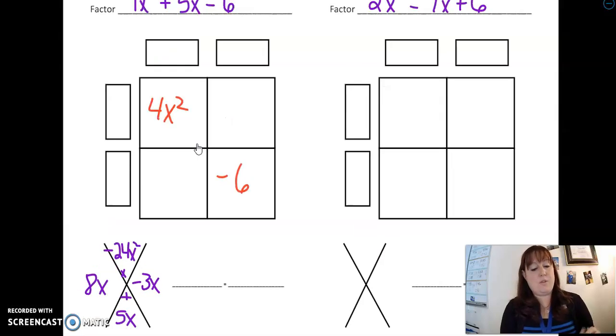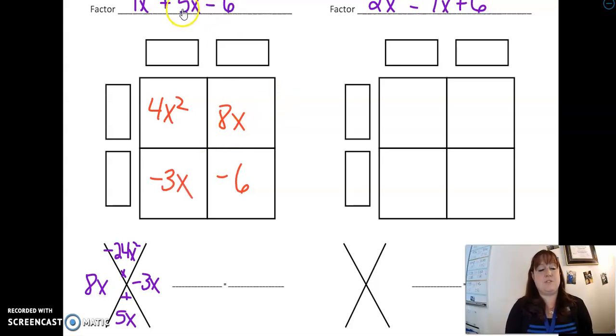So I know that one of these is 8x and one of these is negative 3x. Those two added together get us to 5x. Now I have to figure out what my factors are. For 4x squared, I could multiply 2x times 2x, or I could multiply 4x times 1x. And I have to decide which one would work here.